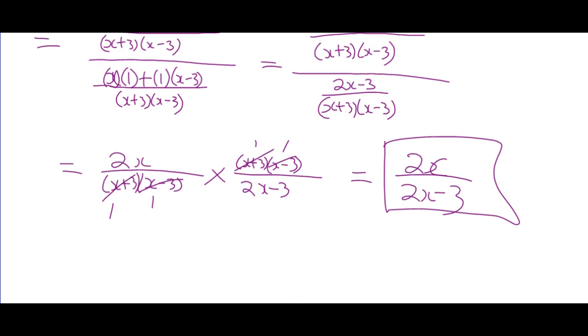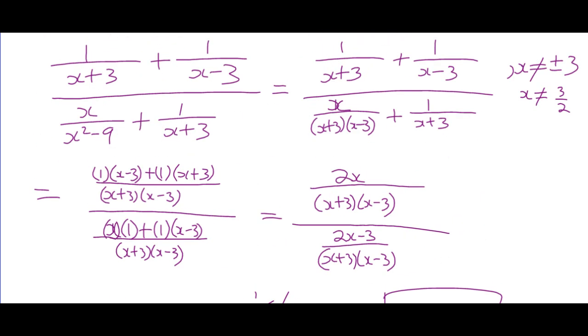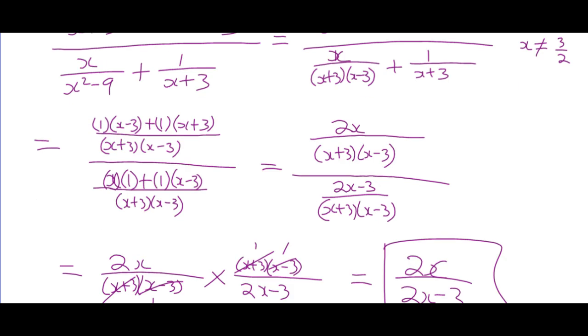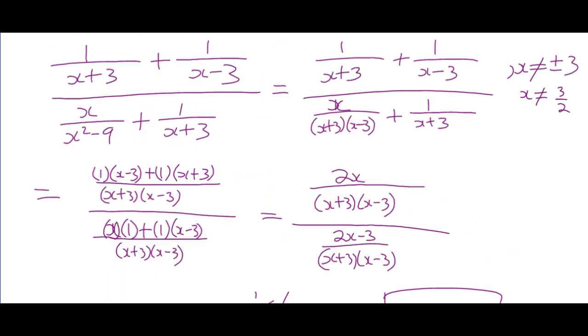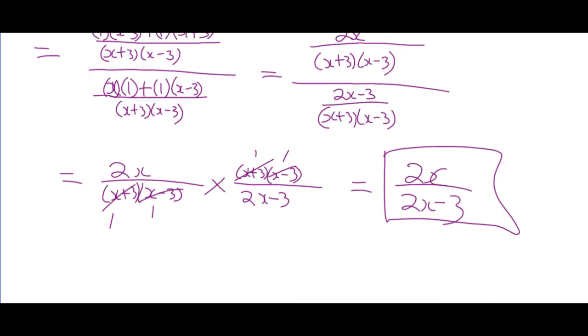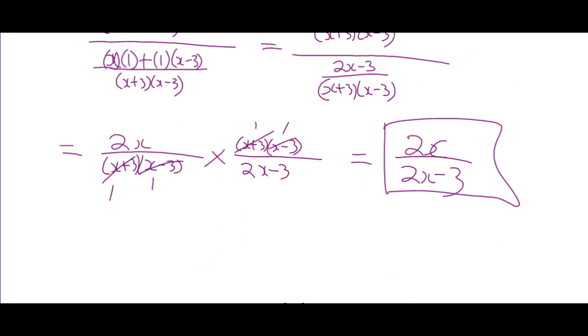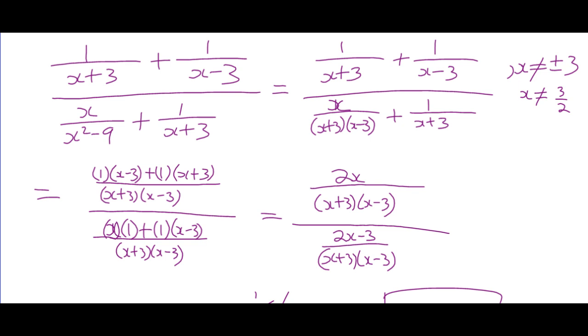That whole big expression there, if I put in a value of x of 10, I get 1/13 plus 1/7 over 10/91 plus 1/13, and that's all just going to work out to 20 over 17. Right? And the answer is yeah, it is. Because it's going to work for every value except for these guys. Okay.